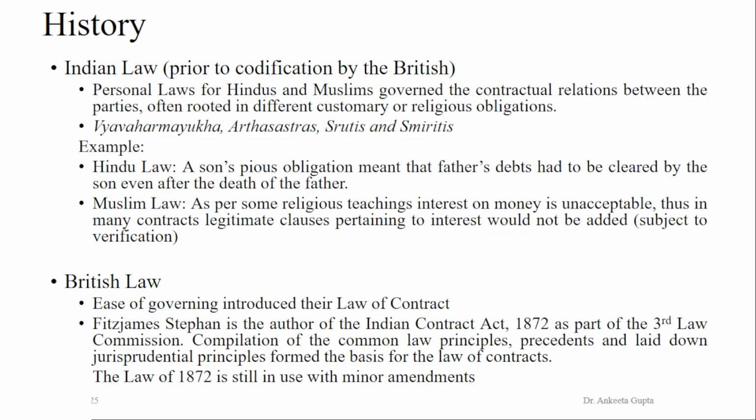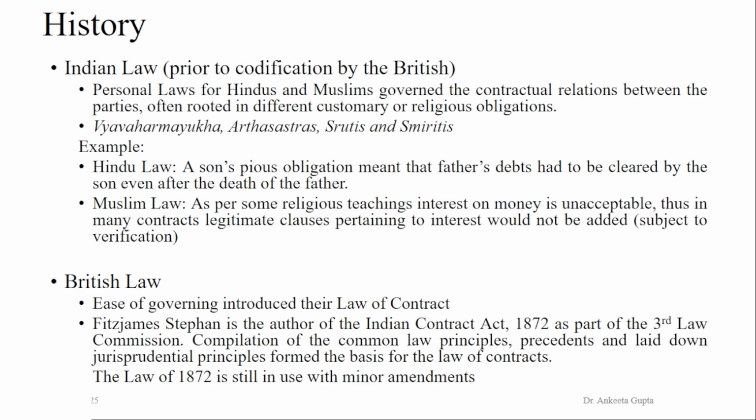And therefore, in the Third Law Commission, it was felt that the time is right in order to introduce a codified law of contract, which essentially was the compilation of various common law principles, precedents, and the jurisprudential principles that had been formed over the years, which form the basis of the law of contracts. Now, the statute was essentially drafted by Sir Fitz James Stephen, and the Indian Contract Act was enacted in the year 1872.